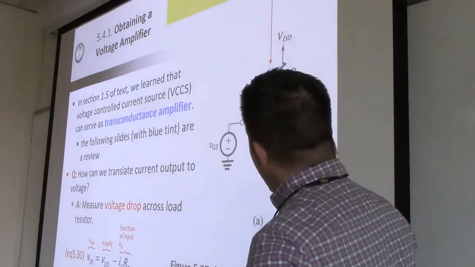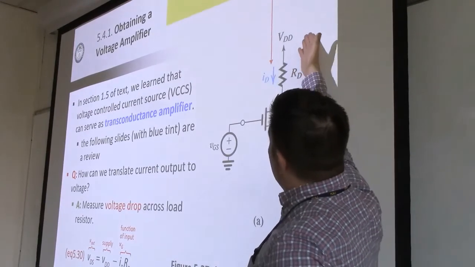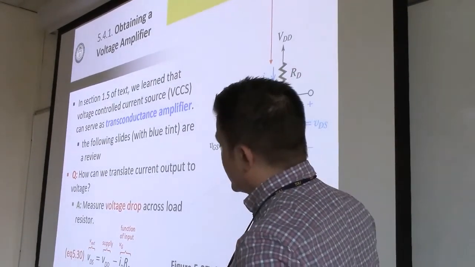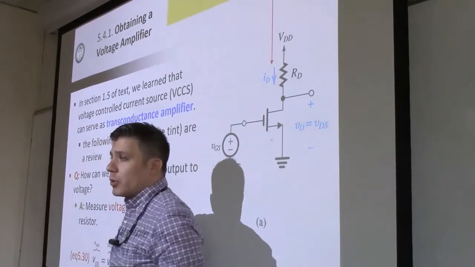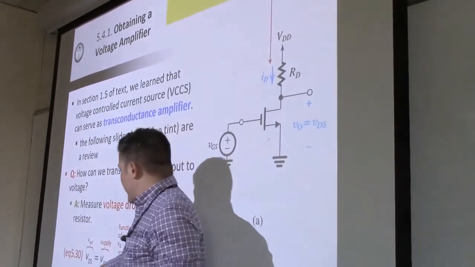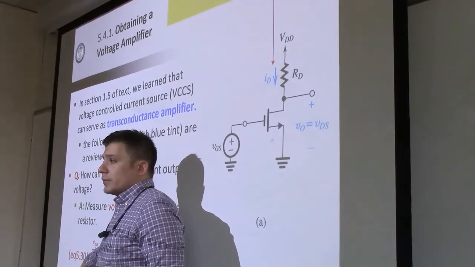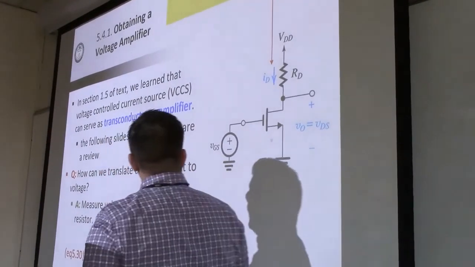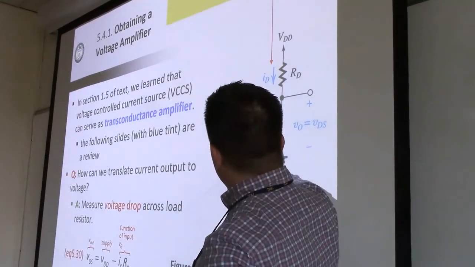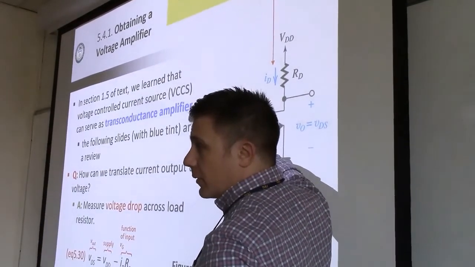So how do we do that? We add an external source and a resistor. Originally we had control over ID. Now we have control over VDS, which is the voltage output. If you think about this as an amplifier, you can think of this as the input, okay?